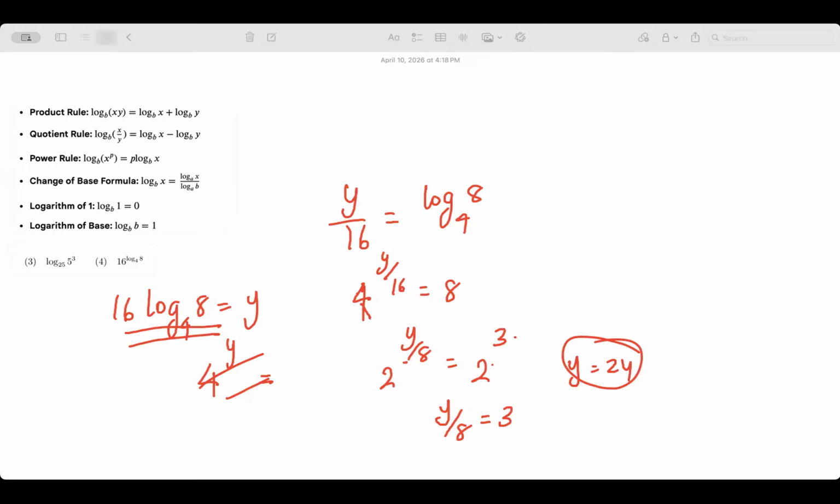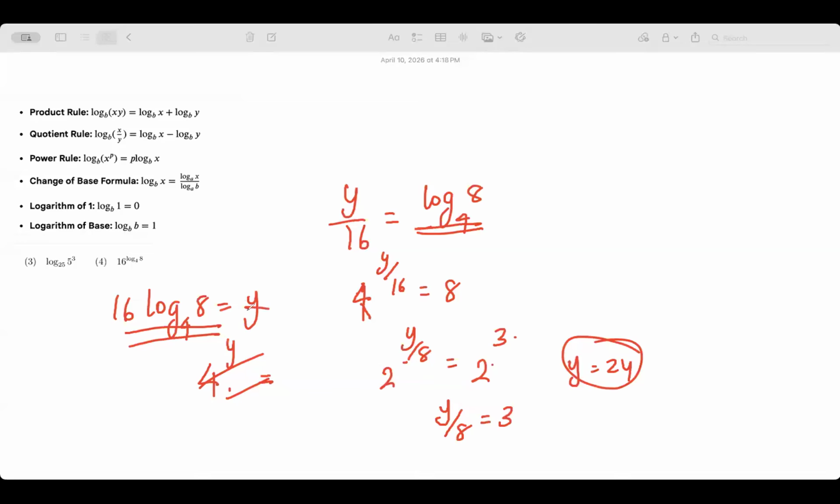Whenever you're doing it, you should, because log base 4 of 8 is an exponent. You should do that first, calculate what you get out of that, and then plug that in as an exponent on 16.